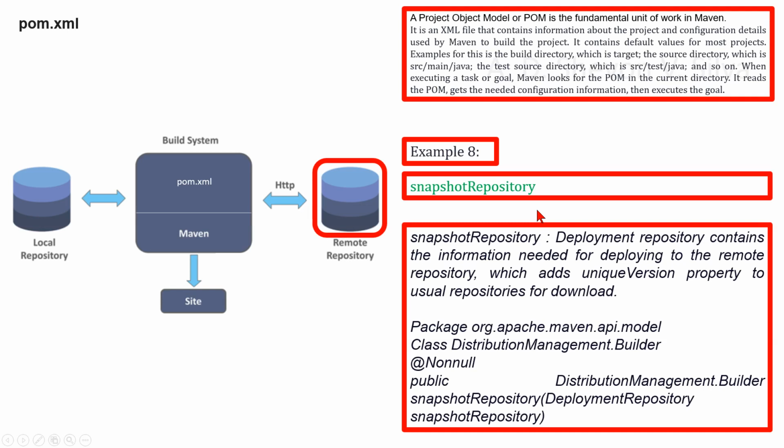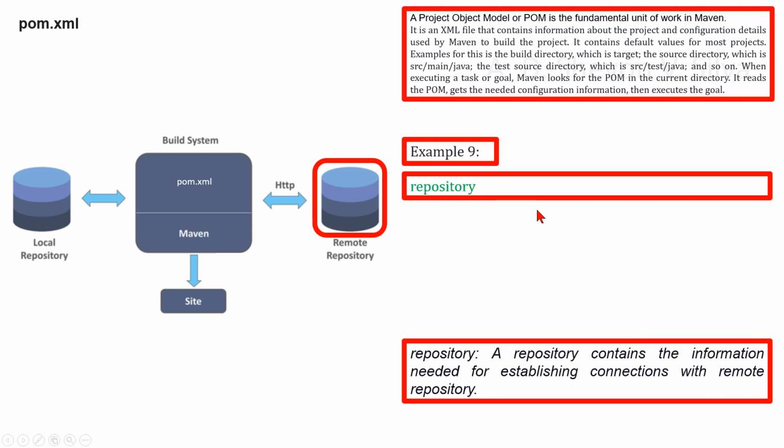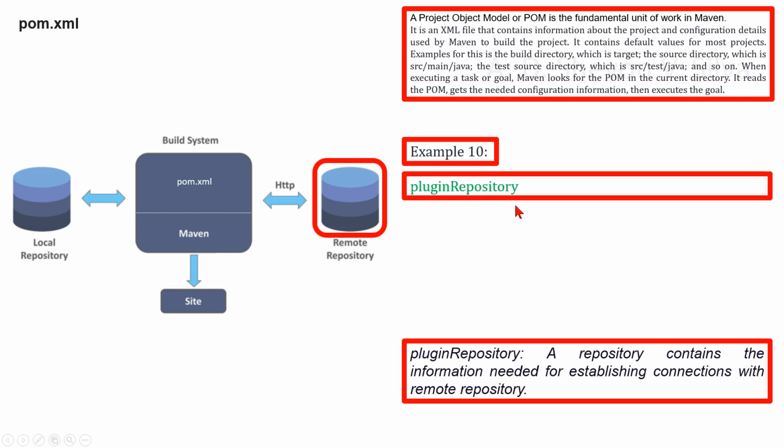With API, we can consider the non-null public DistributionManagement.Builder snapshotRepository, deployment repository, snapshot repository in class DistributionManagement.Builder in package maven.api.model. Repository: the repository contains the information needed for establishing connection with remote repository. Plugin repository: a repository contains the information needed for establishing connection with remote repository.